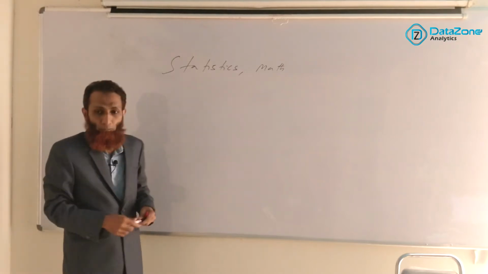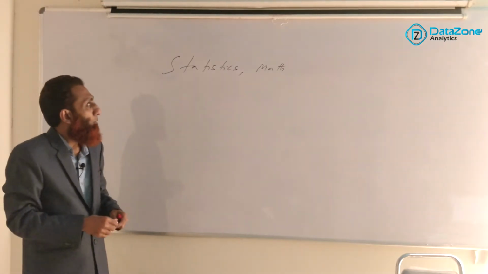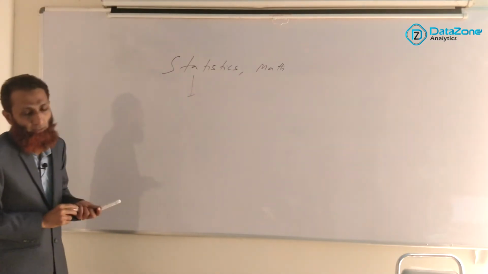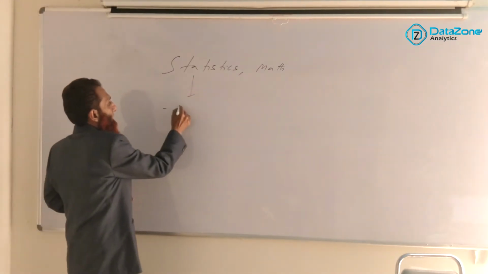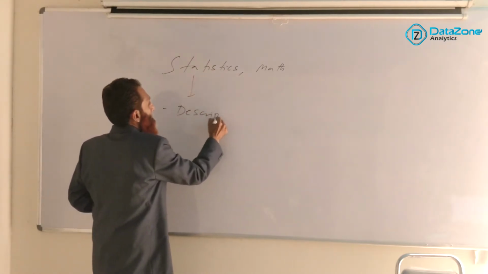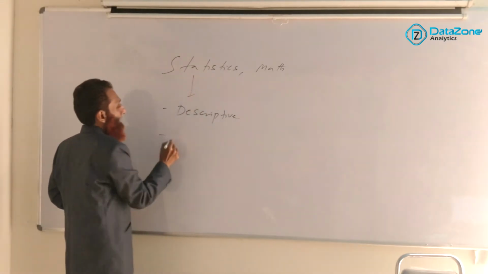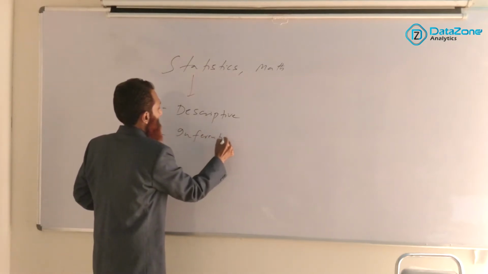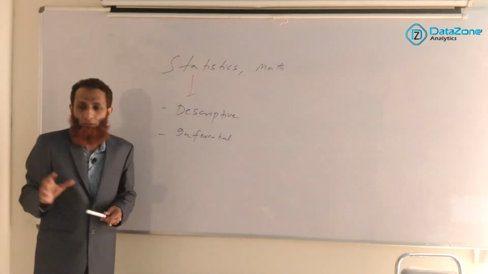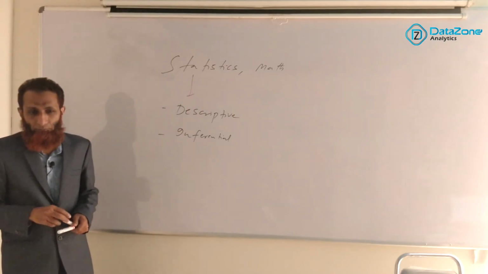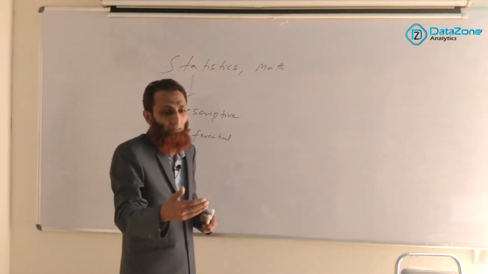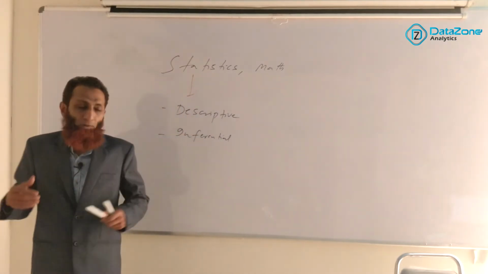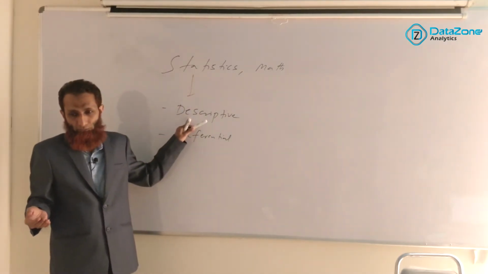Then next we'll talk about mathematics. Within statistics, there are two areas: descriptive statistics and the second is inferential statistics. When you want to understand data, when you want to describe, analyze, visualize data, we apply descriptive statistics.